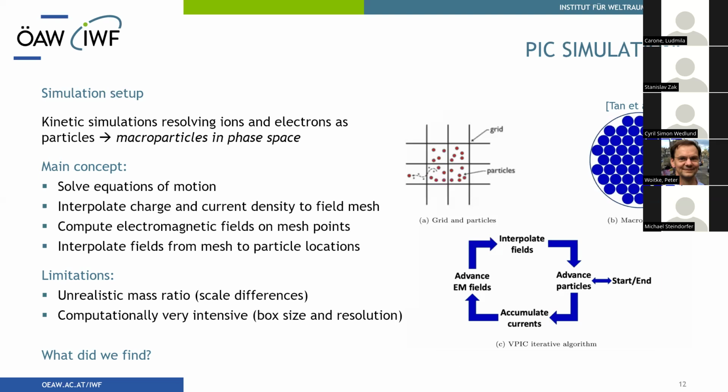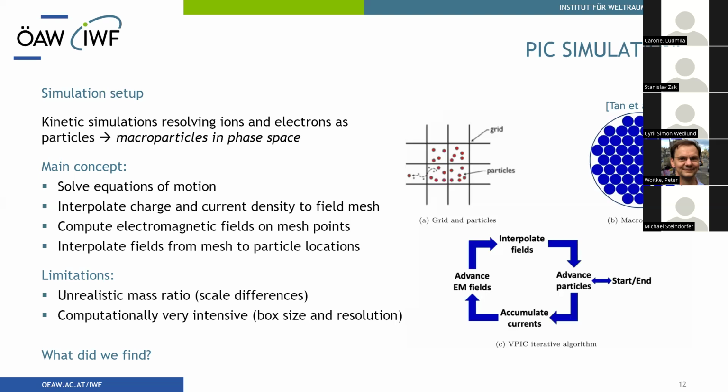And then again, you let these fields act on the particles. So again, they would be moving, you advance the particles, and so on. It's always a back and forth of these two. Now, since this looks very nice in this concept here, there are limitations. So first of all, since we treat individual particles, they are very computationally intensive.